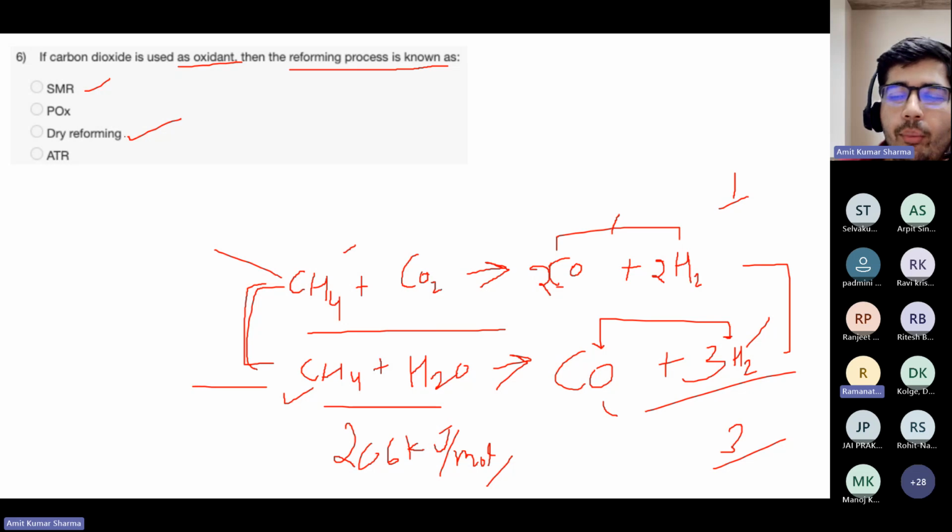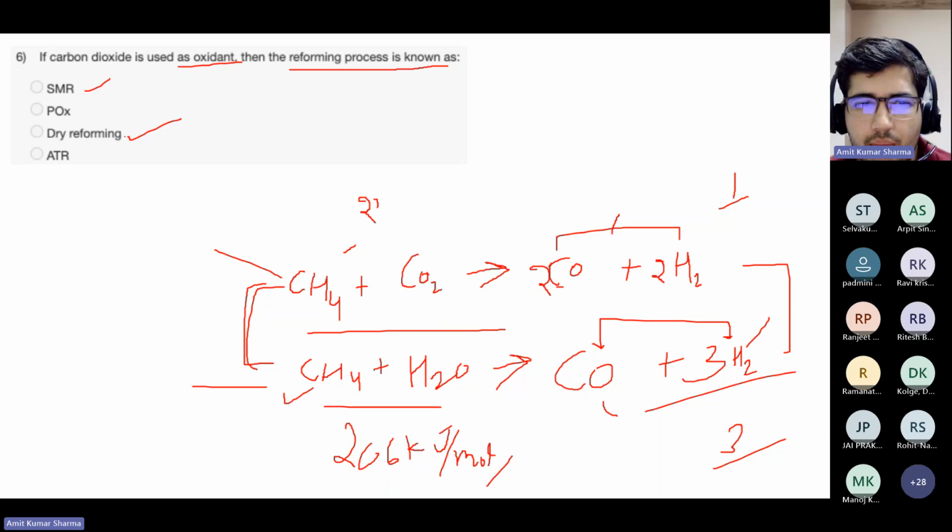And for dry reforming, it is 236 kilojoule per mole, or 247. Please just confirm, please check it.